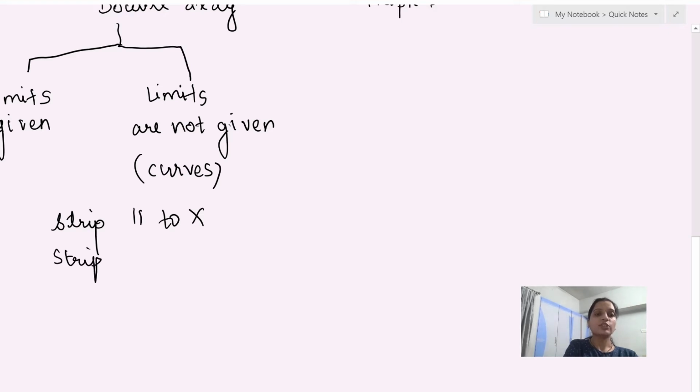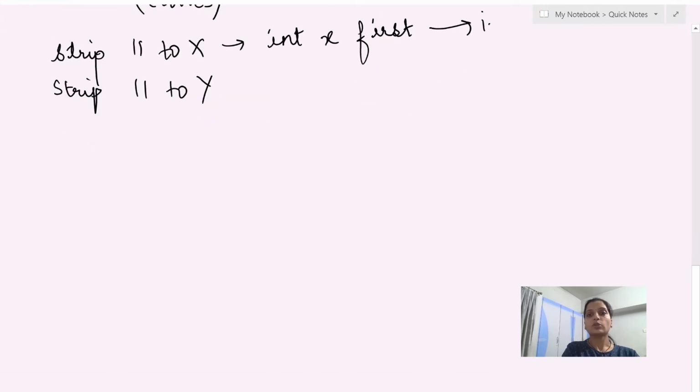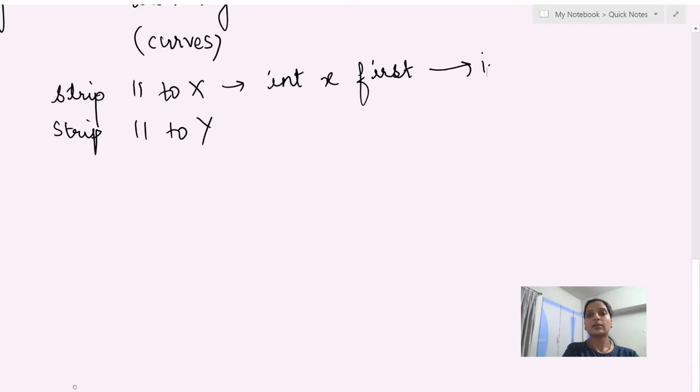So that is your choice, what strip to take. If I take a strip parallel to the x-axis, I will integrate with respect to x first, and my inner limits will be x is equal to some function of y, and outer limits will be constant.